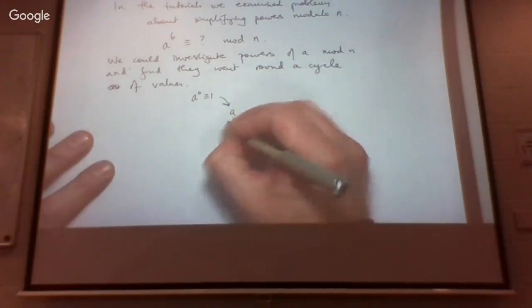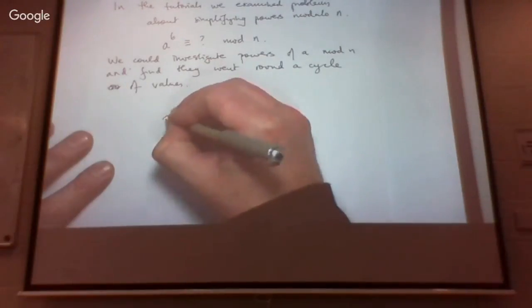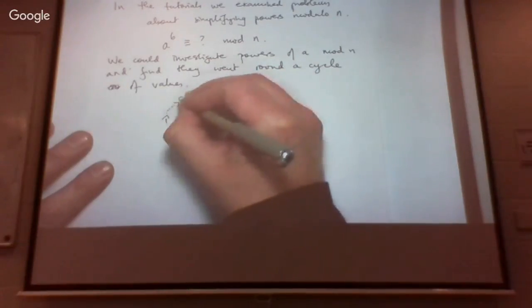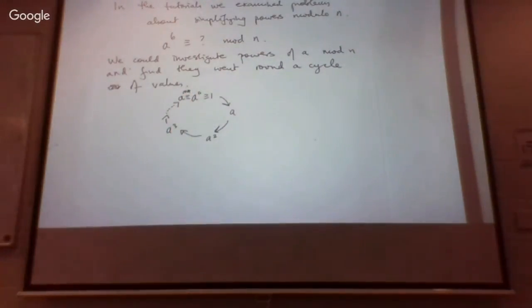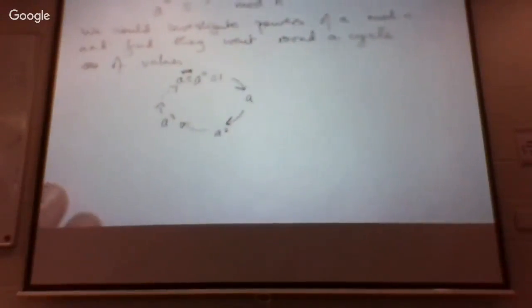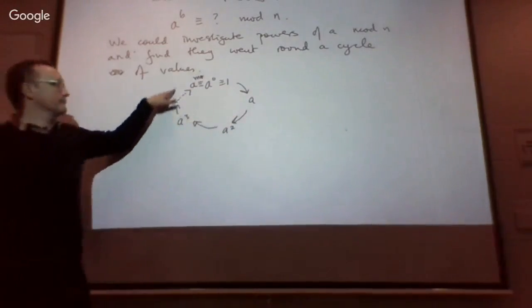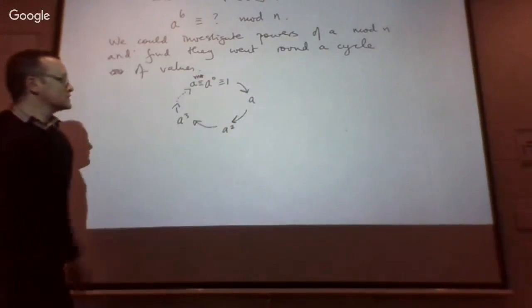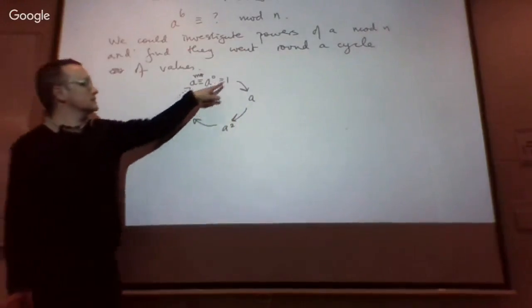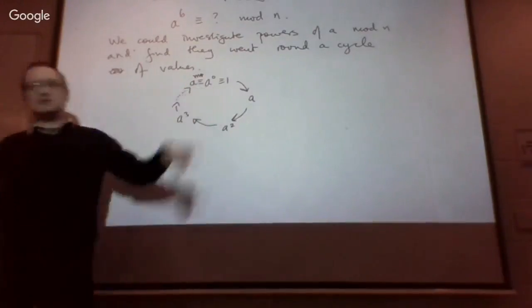Then you had a, then you had a squared was something, and a cubed was something, and so on. Eventually you got back to some power of a, so this is a to the power m. Sorry, to be clear, a to the power m for mother. A to the power m, which brought you back to the start, which was congruent to 1 again. Okay, so this cycle has m steps in it. So the first step, second step, third step, and the last step is the mth step, which takes you back to 1.